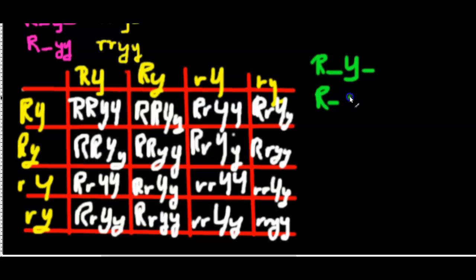One big R, 2 little Y's. Alright? Those are the 2. Remember the pattern. The first 2 have the dominant allele, then the dominant recessive, because this is dominant allele. It doesn't matter what the second one is.